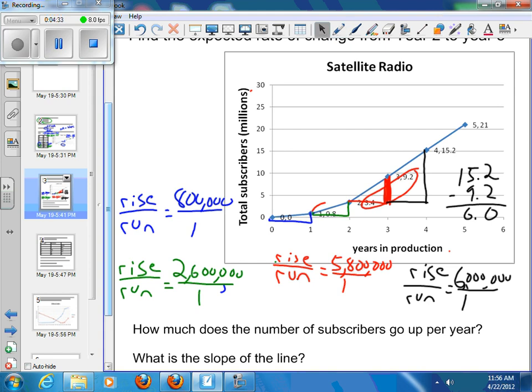And let me go back to blue, and we'll go from year 4 to year 5. So we'll go up here, rise over run for that last year. Again, we went forward 1 year, and we went up. So that's 21 minus 15.2.